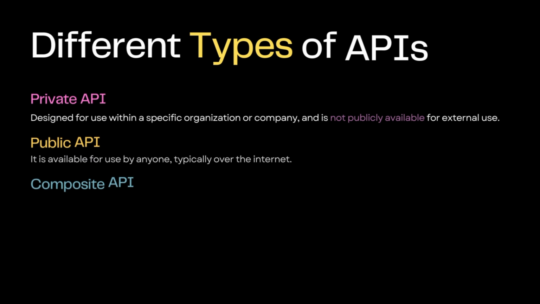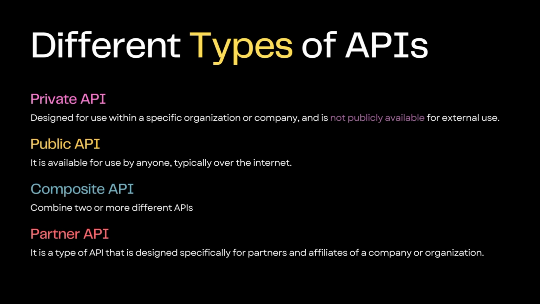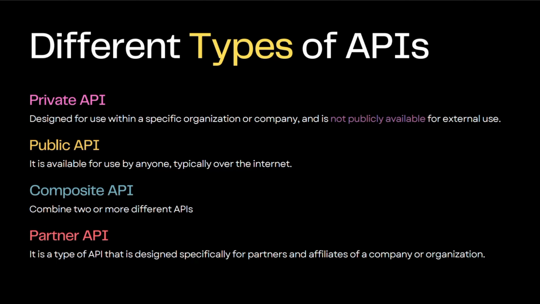And we also have different types of APIs based on their scope of use. Those are private, public, composite, and partner APIs. So let's start with private API. A private API is an API that is designed for use within a specific organization or company, and it is not publicly available for external use.